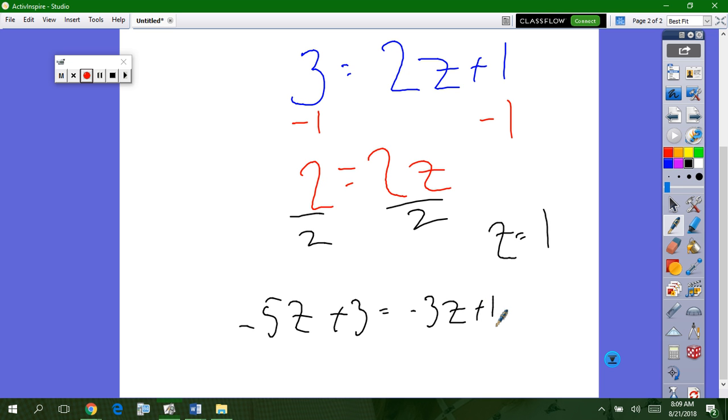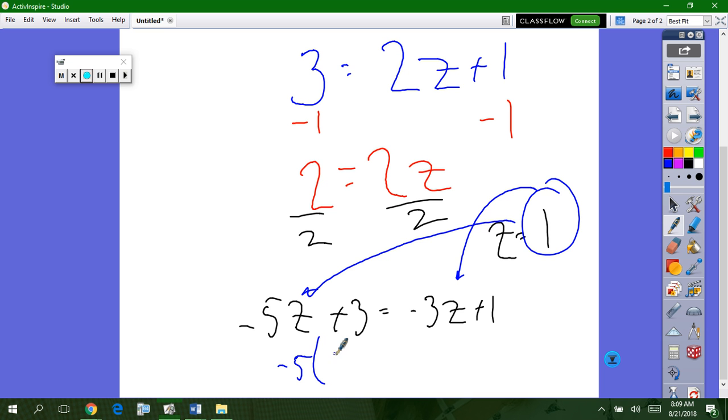All right, everybody agree with that? Now, I am going to insert my answer into the z's, because z equals that, so I can substitute for that solution, can't I? Okay, so I have -5 times 1 plus 3 equals -3 times 1 plus 2.